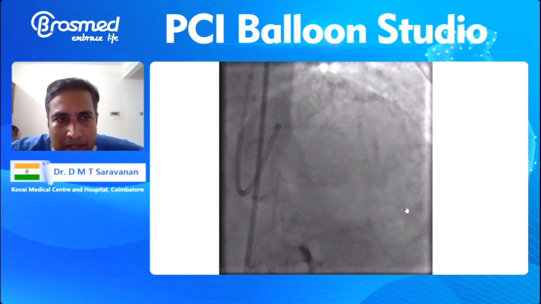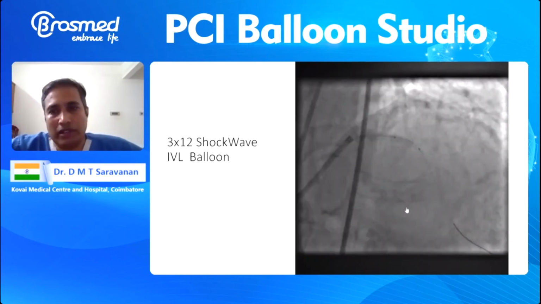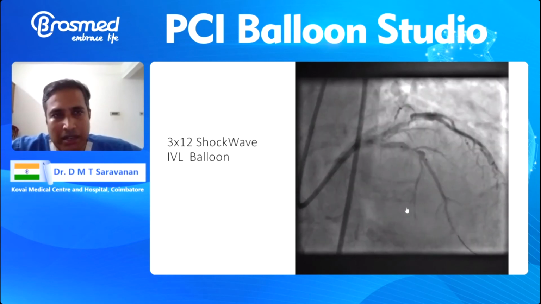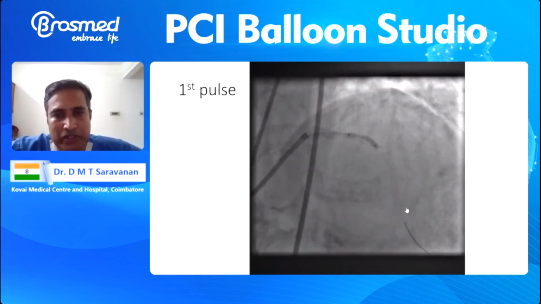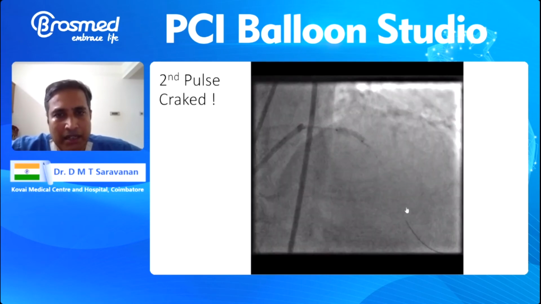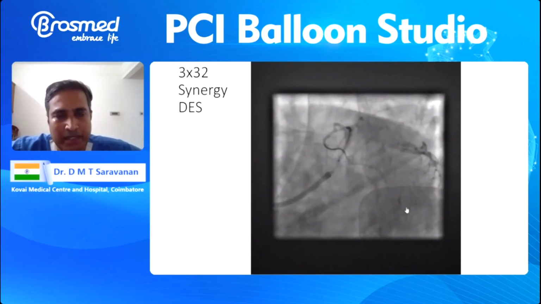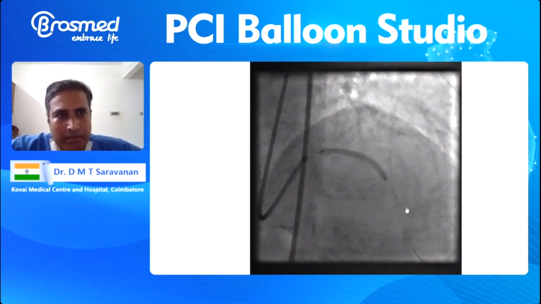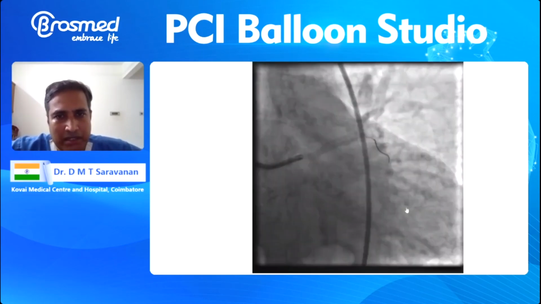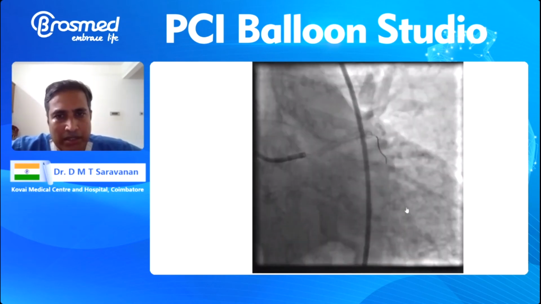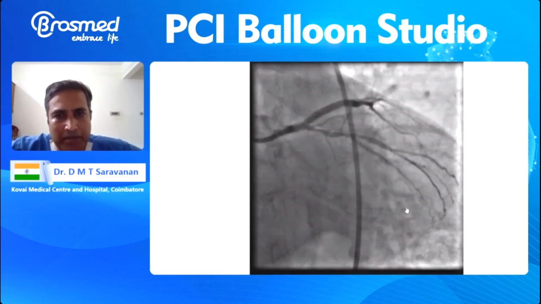So that's the shockwave balloon. The first pulse didn't open much, and on the second pulse it cracked, and did some more dilatation, and then the stent was placed and post-dilatation was done. The circumflex was okay, but there was still a lot of calcium.